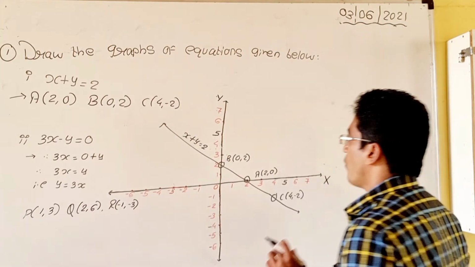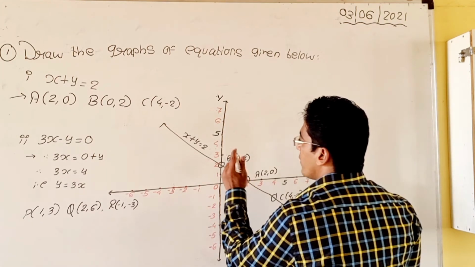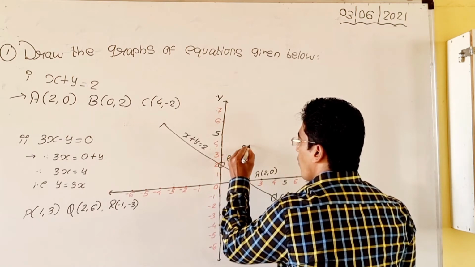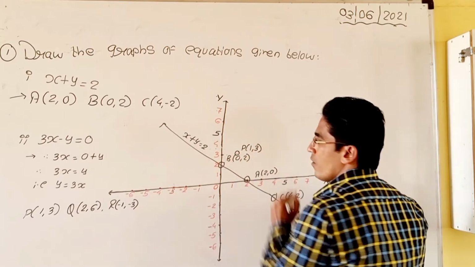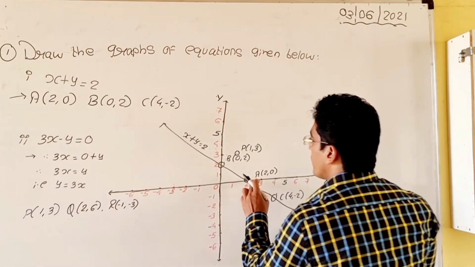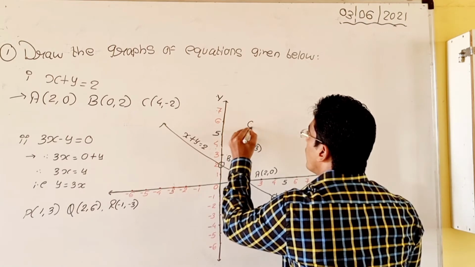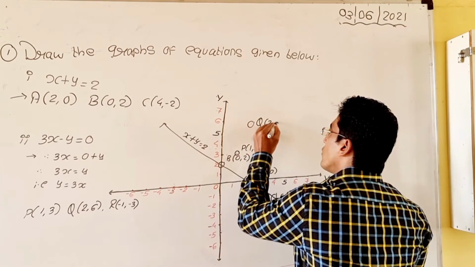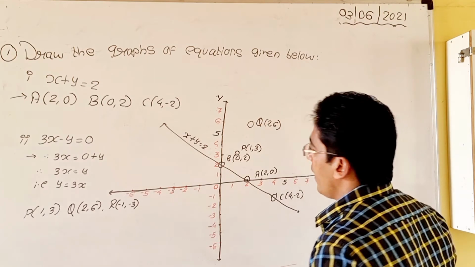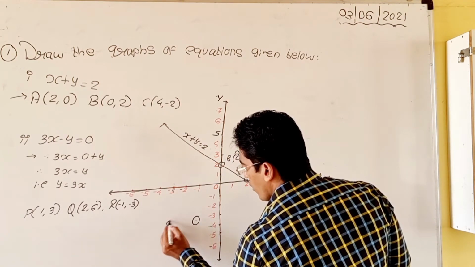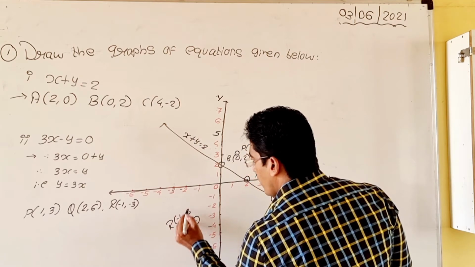Let's plot these 3 points. P (1, 3). Q (2, 6). R (minus 1, minus 3).